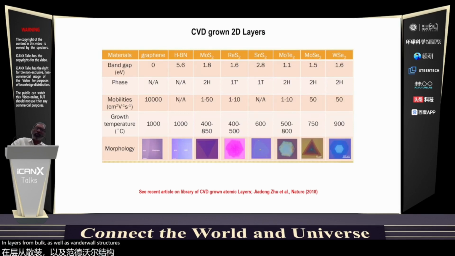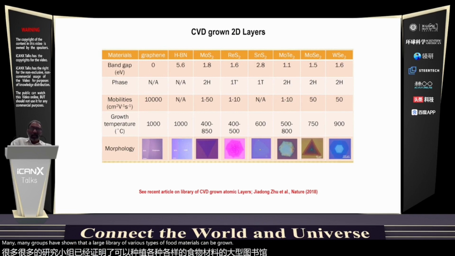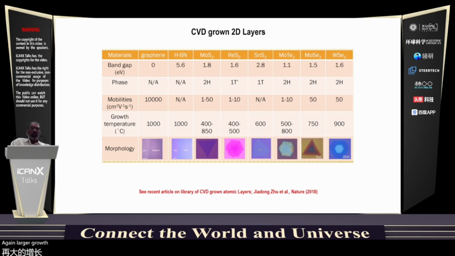Another approach to create these materials would be chemical vapor deposition. And again, many groups have shown that a large library of various types of 2D materials can be grown. Again, large area growth, roll-to-roll manufacturing in some cases, going all the way from graphene to insulating to semiconductor materials, using deposition techniques.